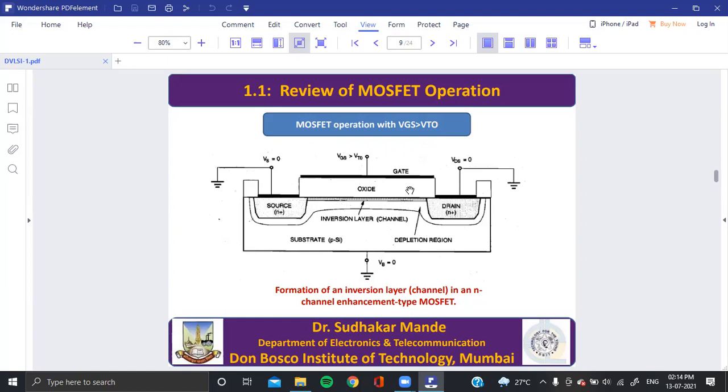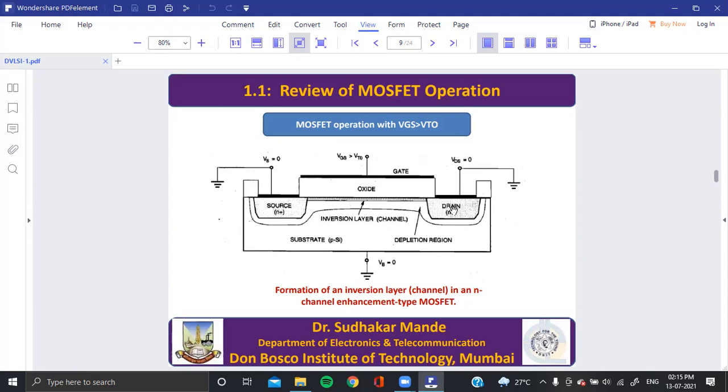So why this happens basically? Because being more than the threshold, you are applying positive voltage, and there are minority carriers in P-type substrate. Those are electrons, right? And this positive voltage is enough to attract those electrons towards the interface. So therefore, inversion of electron is created just below the oxide.